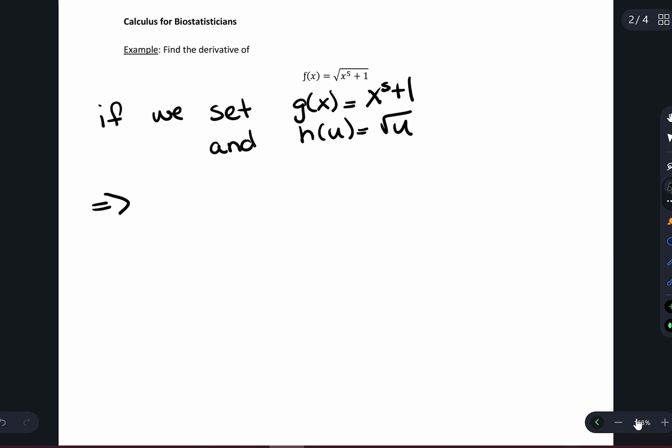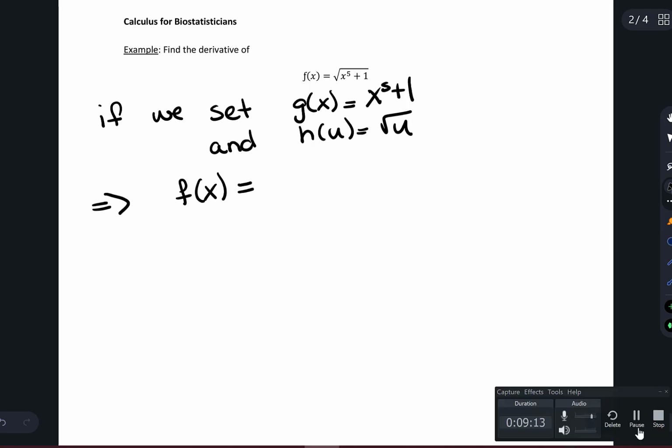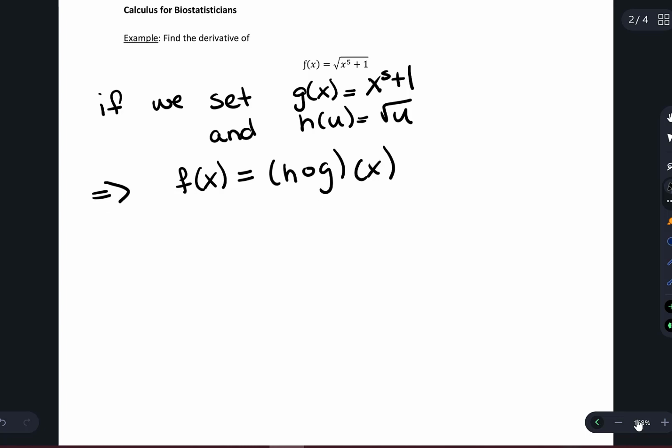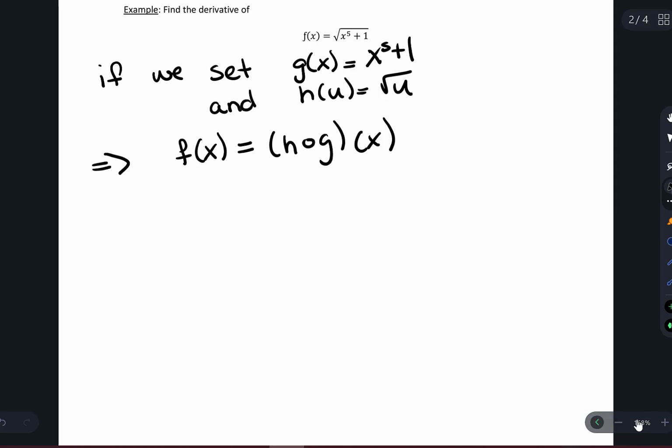So then we could write this as a composite function, and we would have that f of x is equal to h of g evaluated at x. So what I'm going to need to do is take both the derivative of g of x and h of u.